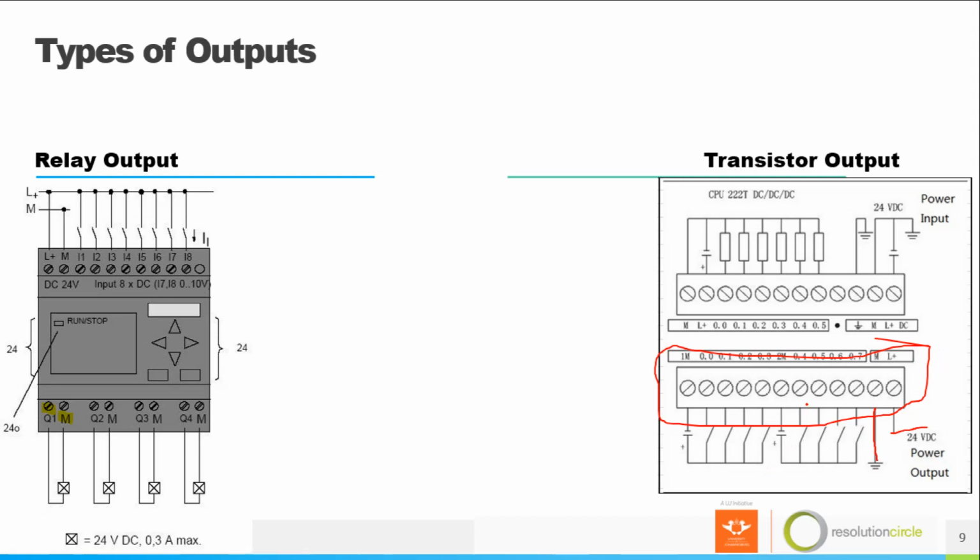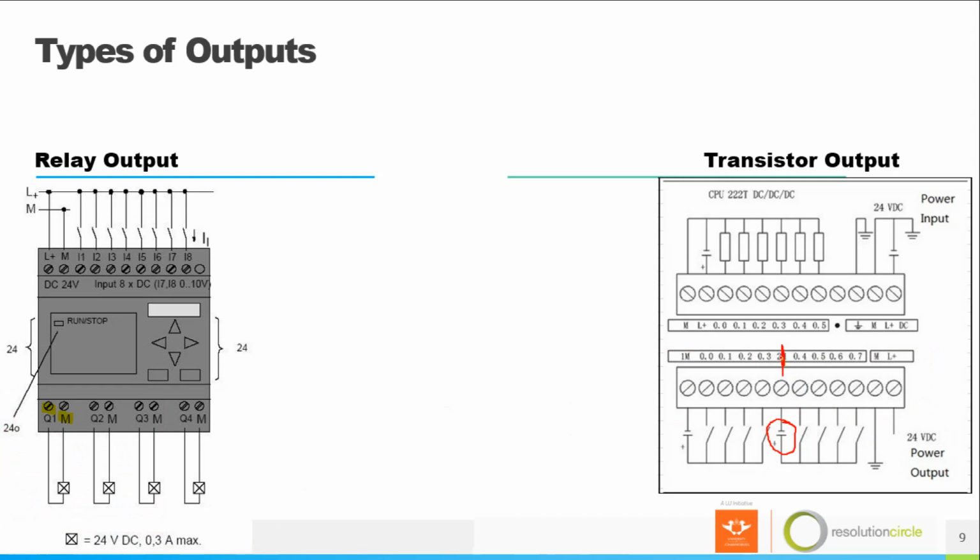Any output that is going to be connected to this I/O module will have a common power supply, which will be this one, where you connect it at 2M.